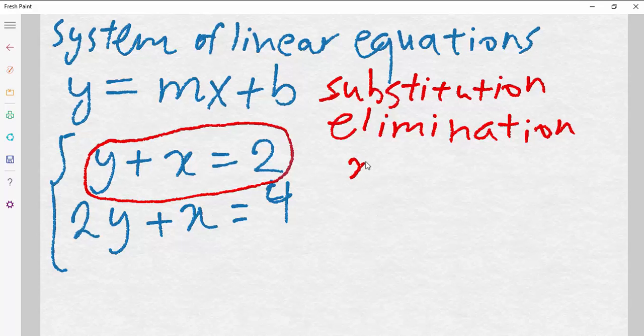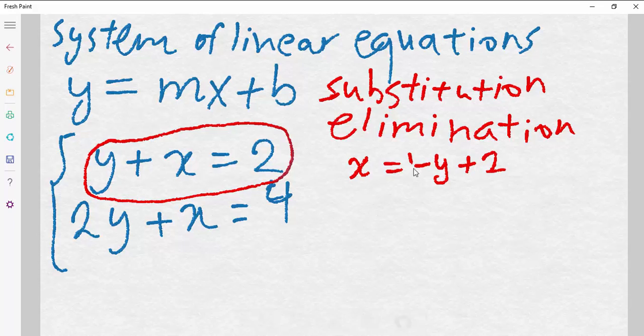So x equals, and then I move y to the other side, and y changes its sign. So it becomes -y plus 2. It's the same equation. I just rearranged it. I did not change the equation. So I have x equals -y plus 2.